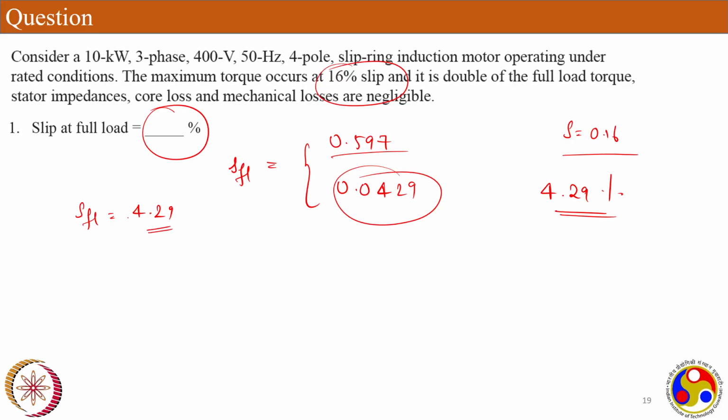Now quickly see the small problems they were asking. Speed at full load in RPM, that means NFL they're asking. If you know the synchronous speed and the full load slip, you can easily calculate it.